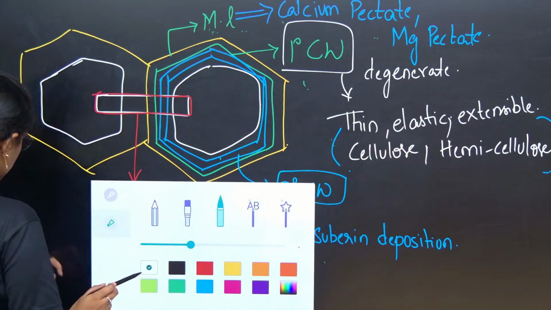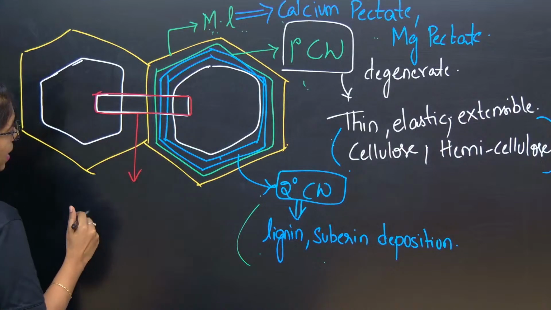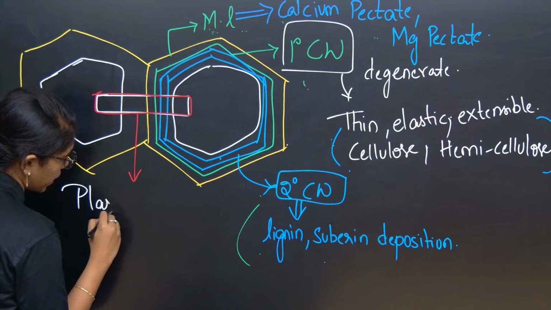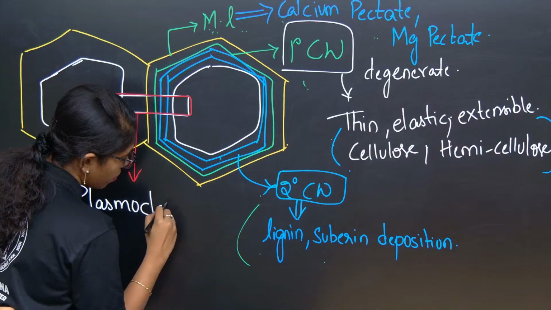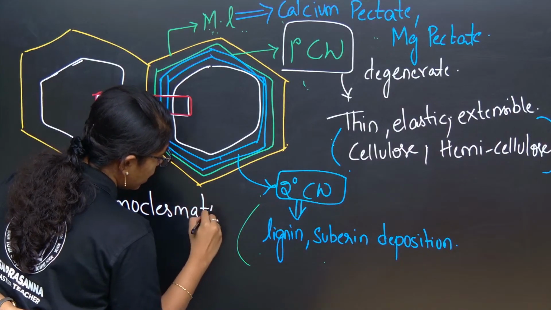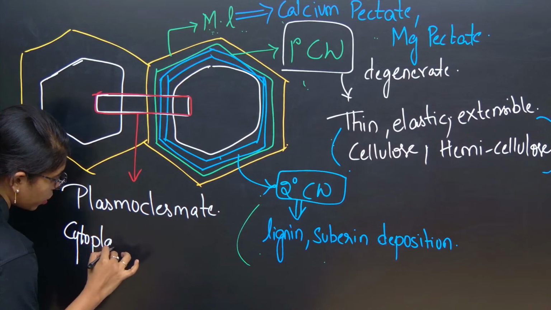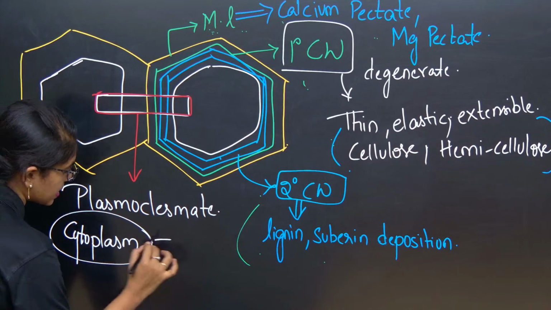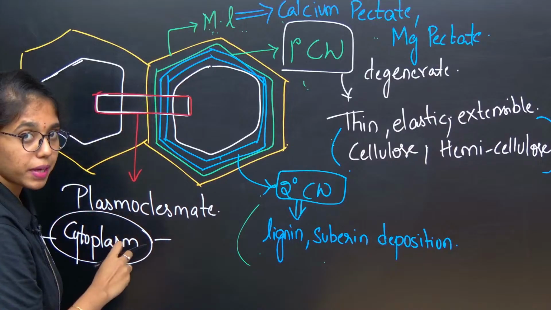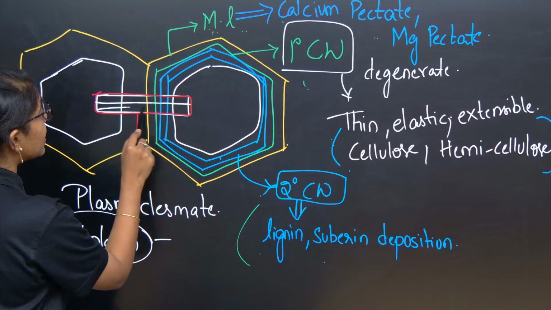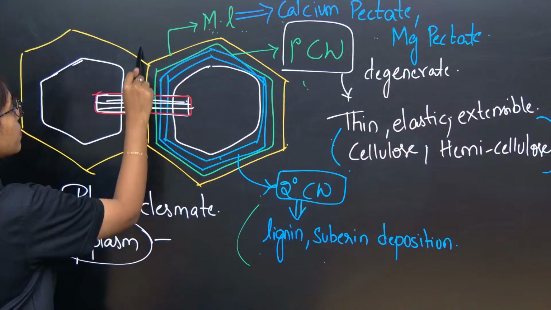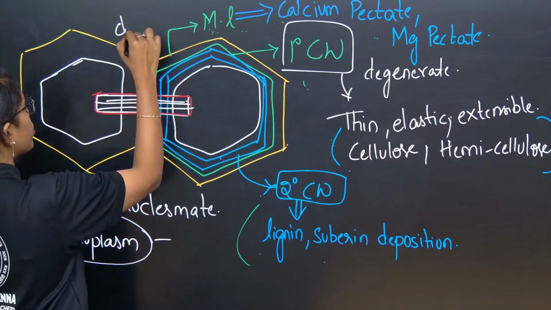This connects the cytoplasm of two plant cells. This plasmodesmata has desmotubules inside it.